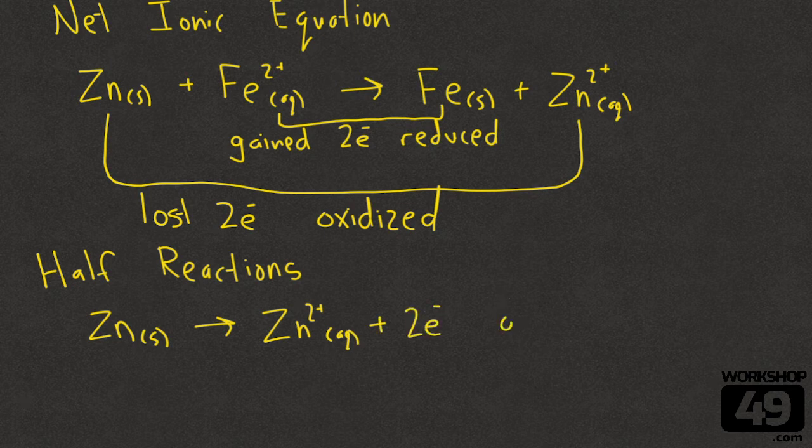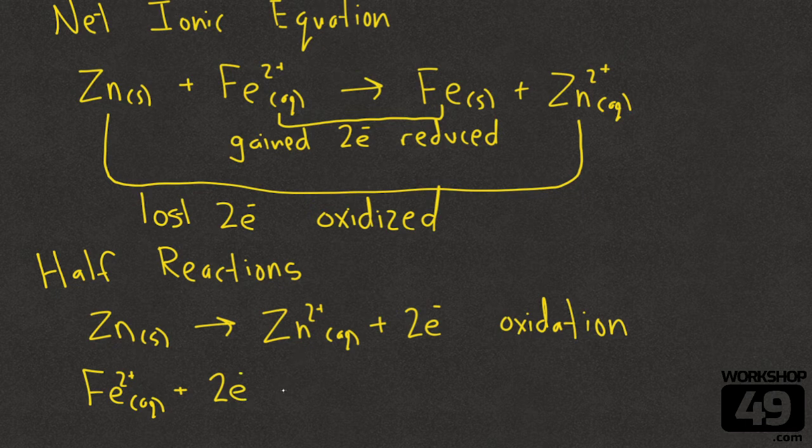This is our oxidation half reaction. Our other half reaction is that we had an iron 2 plus aqueous, and it gained 2 electrons. So it's going to turn into iron solid. This is considered our reduction half reaction. So we can see, we can look at this. Zinc got oxidized, iron got reduced.